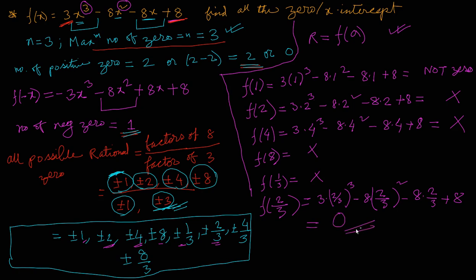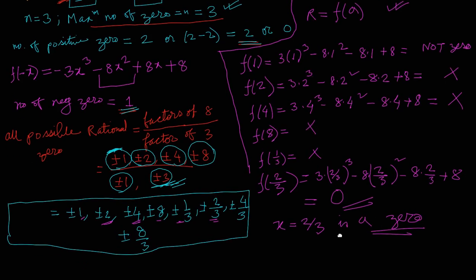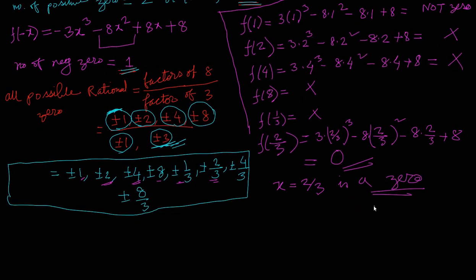So that means finally what I found is that x equal to 2/3 is a real 0, a 0 or x-intercept. I can say x minus 2/3 is a factor. So I found at least one real 0, which is x equal to 2/3.